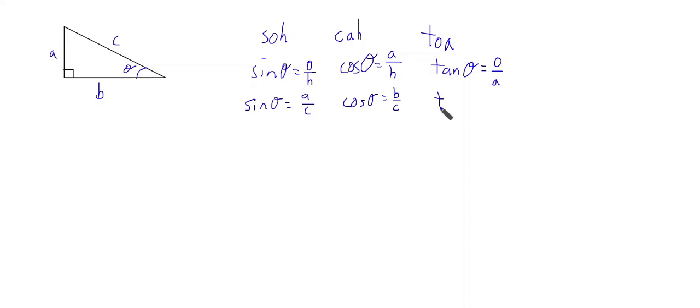And if we ask for the tangent of that angle, we will get the opposite side divided by the adjacent side, or A over B.